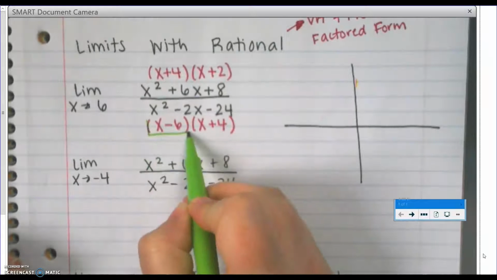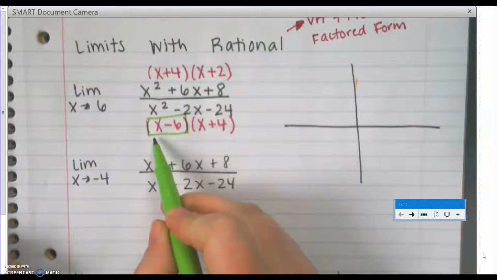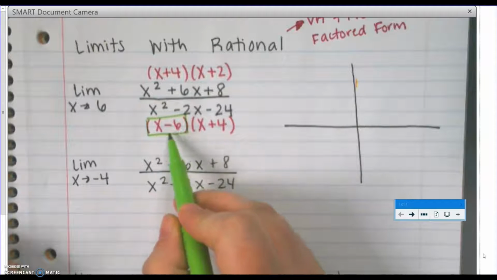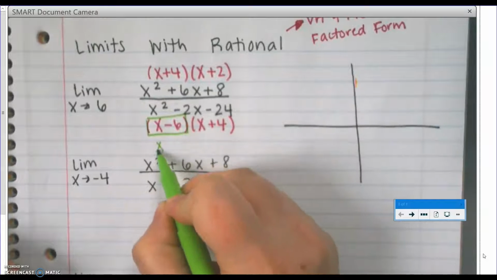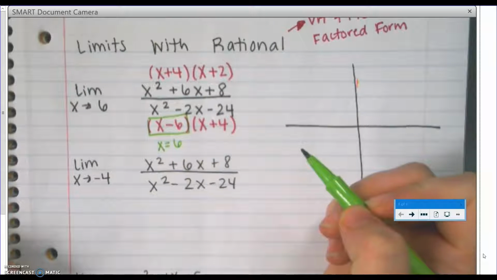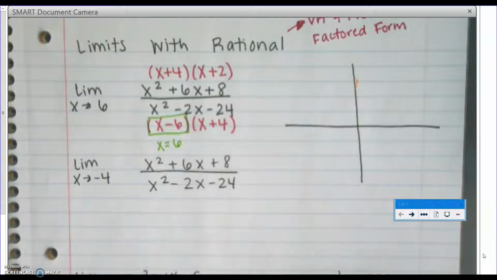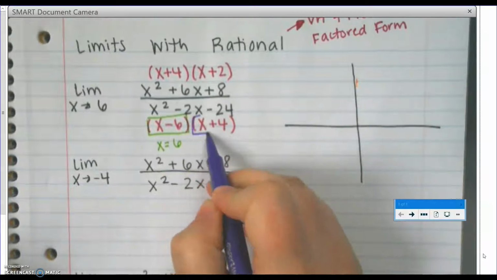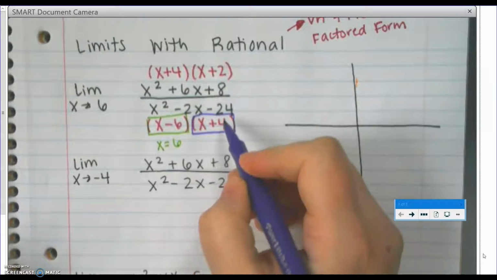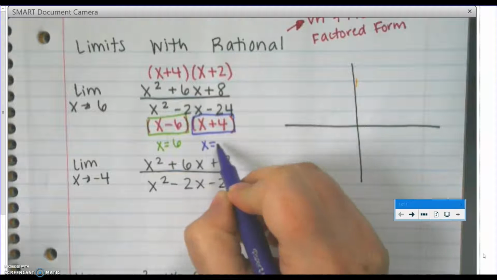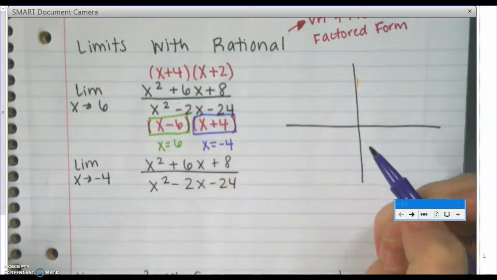So I can tell here the number that makes this factor 0 is when x is equal to 6. And I can tell this one, the number that makes this one equal 0 is when x is equal to -4.